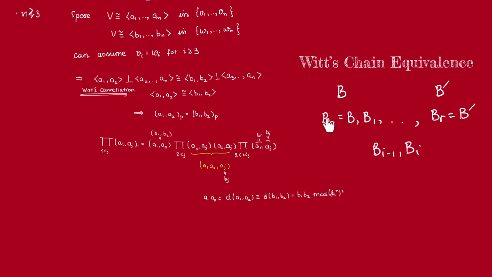But then that means that for all the bases in a chain, the Hasse symbols defined with respect to all of them are going to be the same. And because any two orthogonal bases are connected via such a chain, this means that the Hasse symbol defined with respect to any orthogonal basis is going to be the same. So without loss of generality, we can assume the bases V_i and W_i are consecutive in a chain. That means they differ by at most two elements.